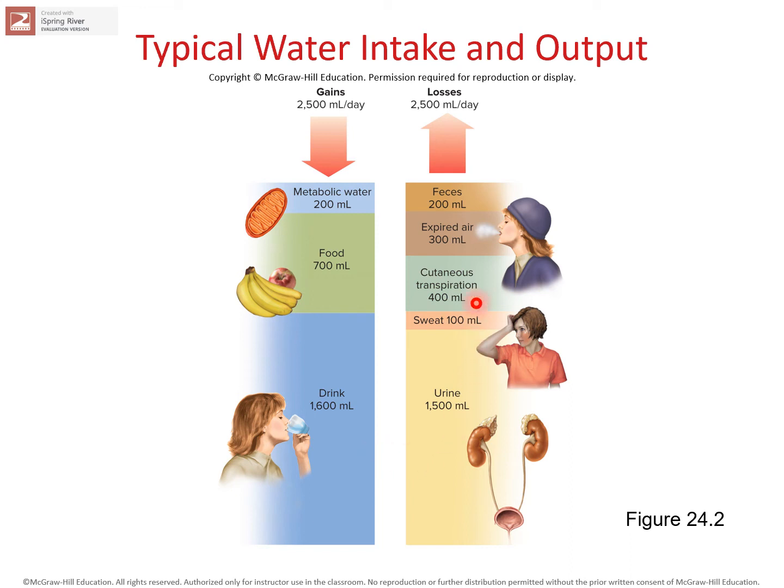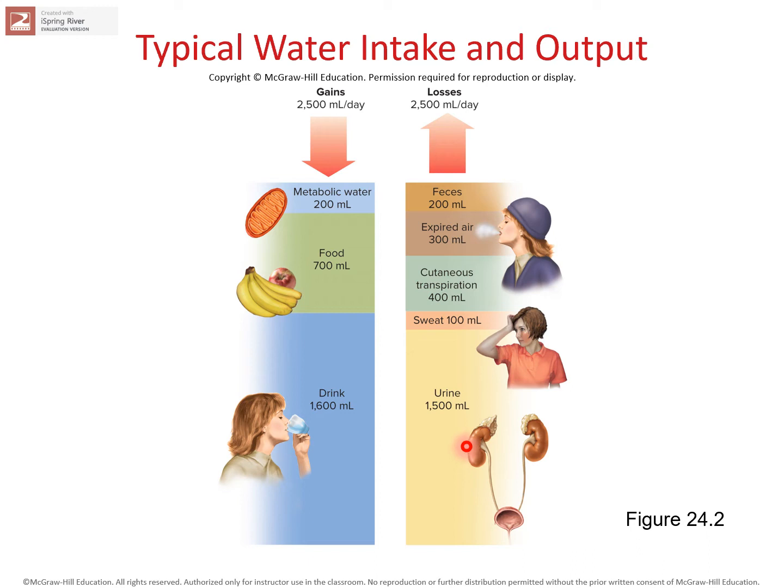But there is a whole bunch of water that we also lose throughout the day through feces, about 200 ml, while breathing air out through expired air, about 300 ml. Then you have cutaneous transpiration through the epidermis, sweat, and urine. So we lose most water through urine, about 1500 ml.